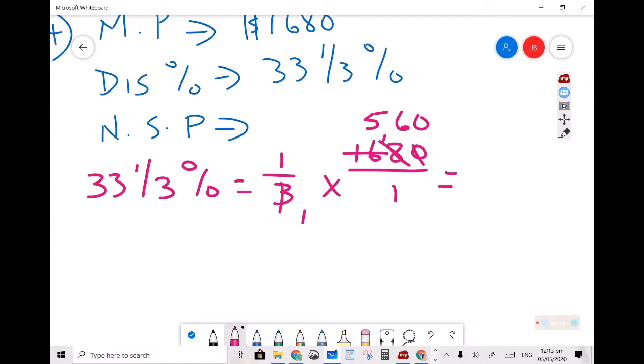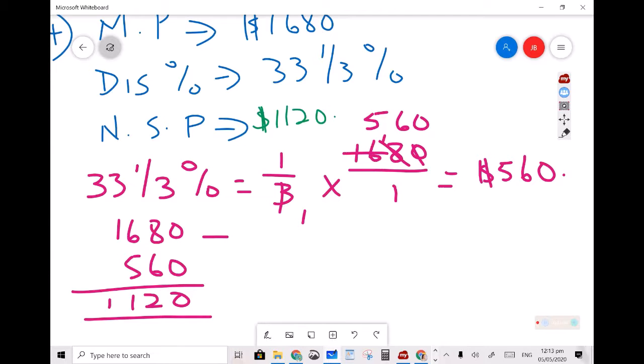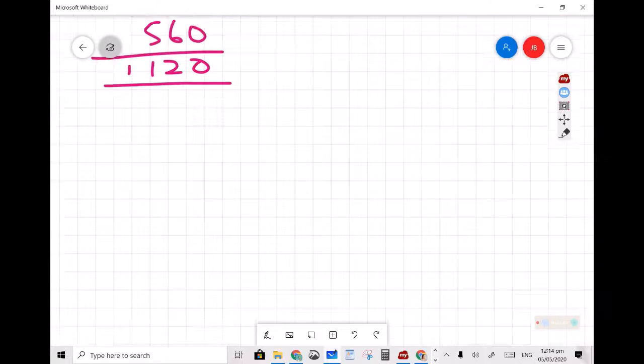So our discount is $560. If they ask you for the discount, this will be a final answer. But if they ask you for the new selling price, you will have 1680 minus 560, which will give you a new selling price of $1,120.